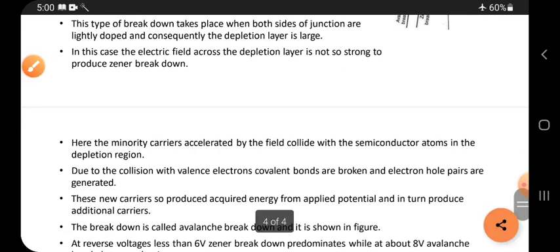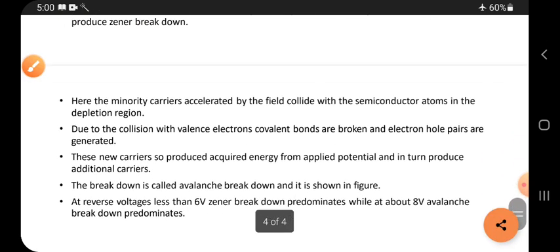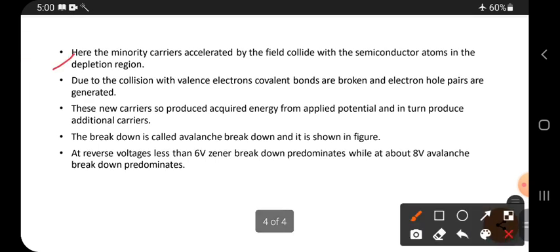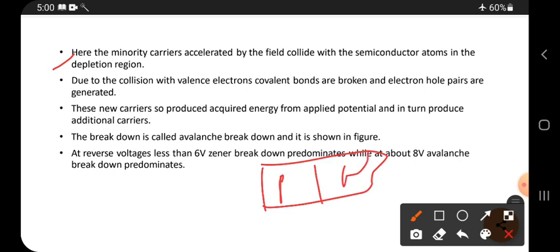So what will work here? In the above case, because of the electric field only, covalent bonds are broken. But here minority carriers are accelerated by this field. Minority carriers in p-type material are electrons, and in n-type material are holes. These electrons and holes are accelerated by the field and collide with the semiconductor atoms in the depletion region.